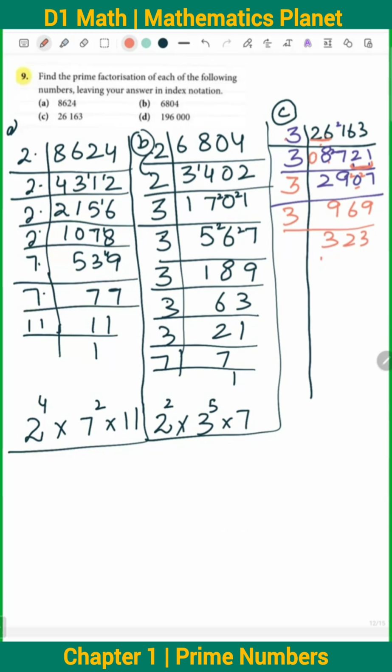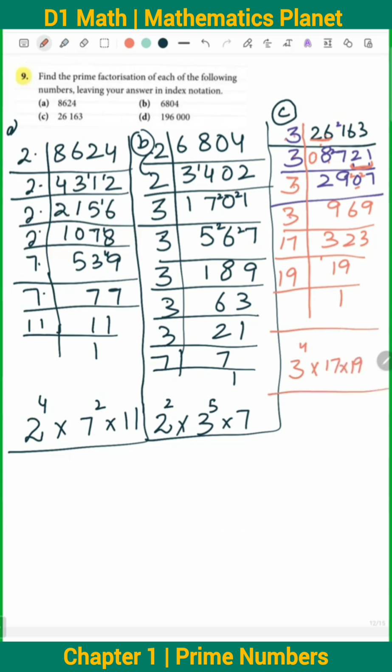So, students, can you check if 323 is divisible by 17? Yes. You can check if 323 is divisible by 17. So, we can write 3 to the power 4 times 17 times 19. We're done with it. Okay.